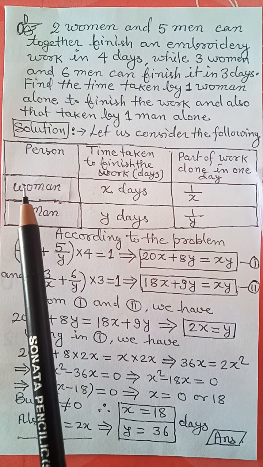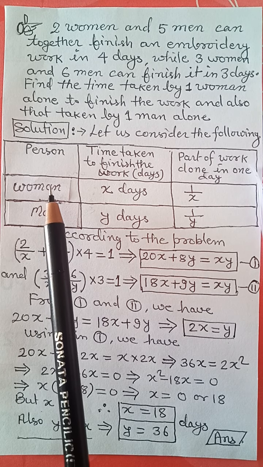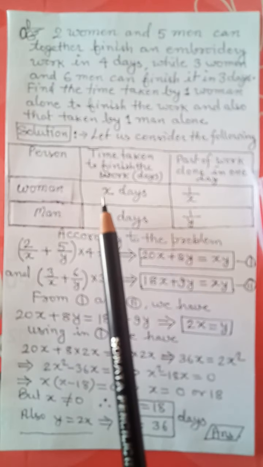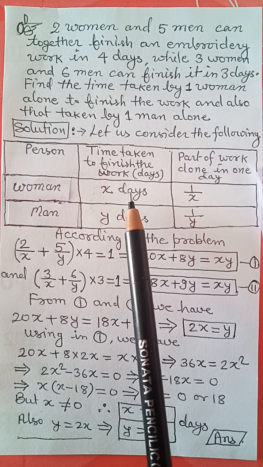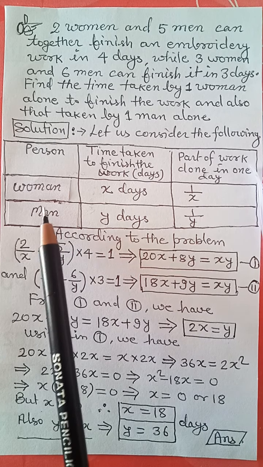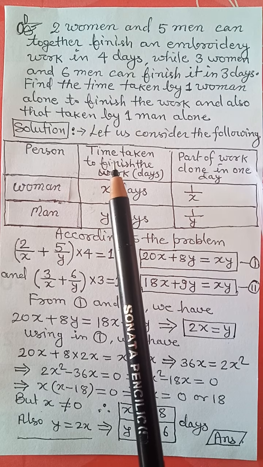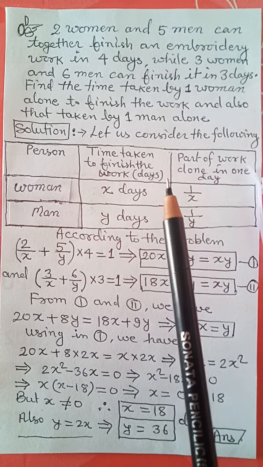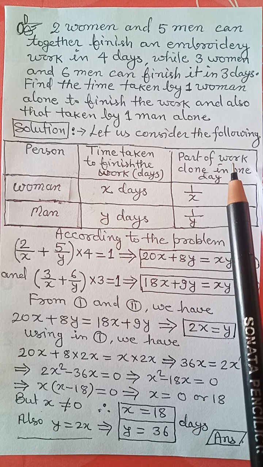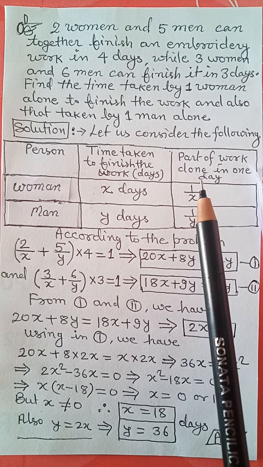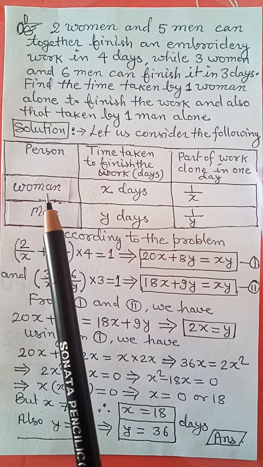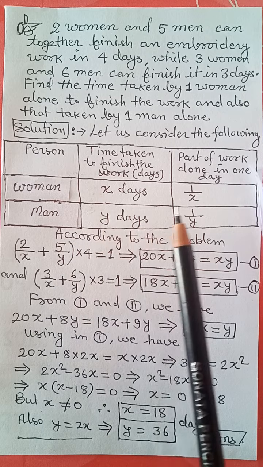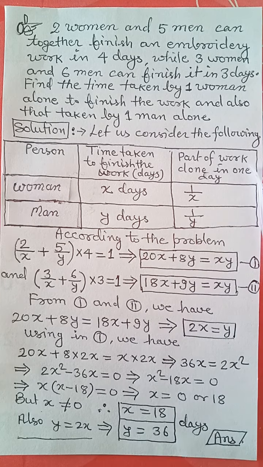Suppose a woman can finish the embroidery work in x days and a man can finish the same embroidery work in y days, and therefore part of the work done in 1 day for a woman is 1 by x and that of a man is 1 by y.